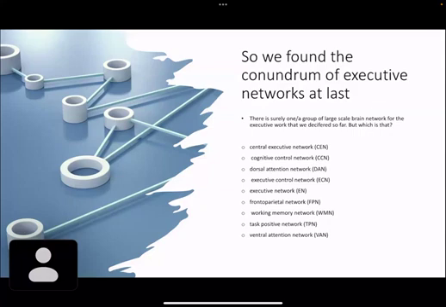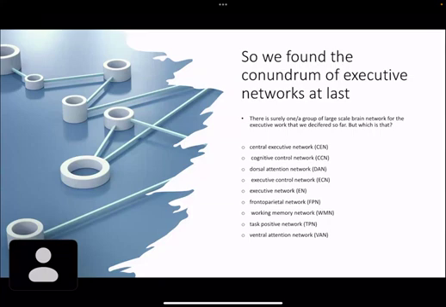So they see the brain in the form of a blind man assessing an elephant. So they found multiple names for a group of large-scale brain networks that is doing the executive work.